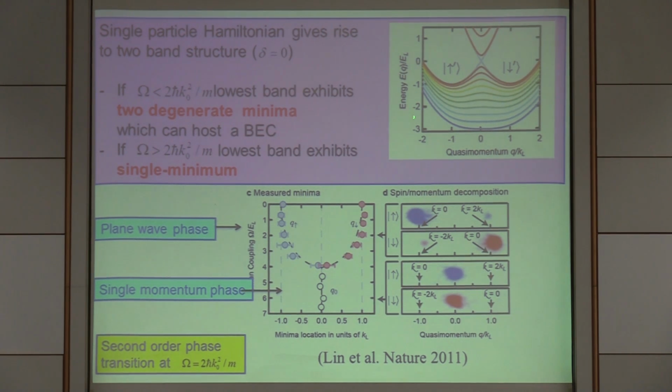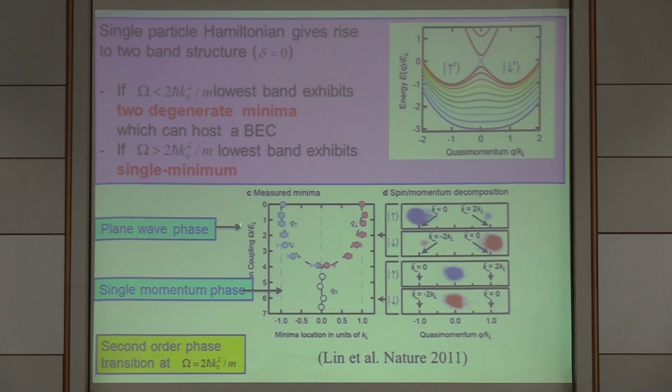in quasi-momentum space, and can host, of course, a condensate for the zero value of the quasi-momentum. The corresponding phases that you can build in these two different conditions are the plane wave phase when the Raman coupling is relatively small, and the single momentum phase where you occupy a single quasi-momentum state.